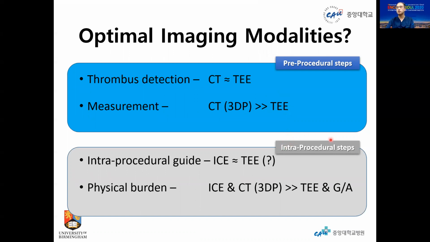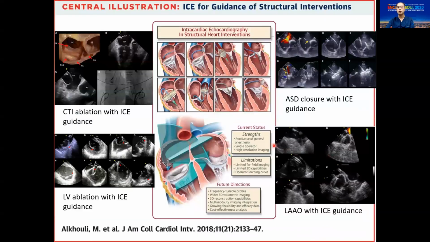Then let's go to intra-procedural steps for imaging guidance. Nowadays, intracardiac echocardiography is frequently used in many kinds of structural intervention: CTI ablation, LV ablation, ASD closure, appendage closure, and so on.